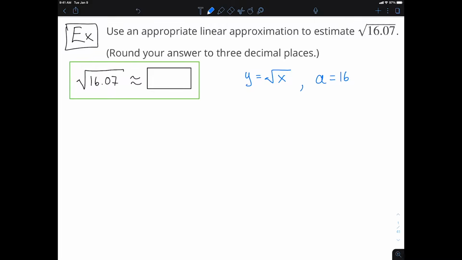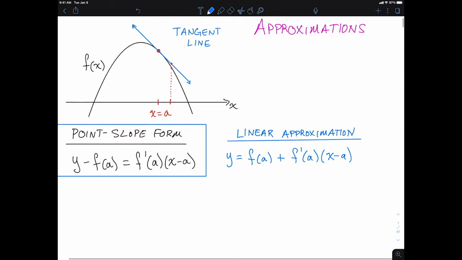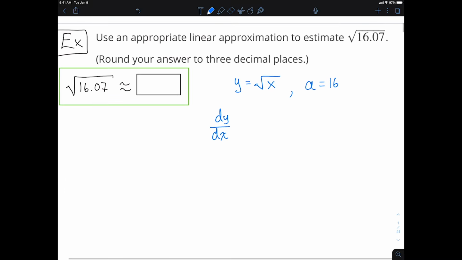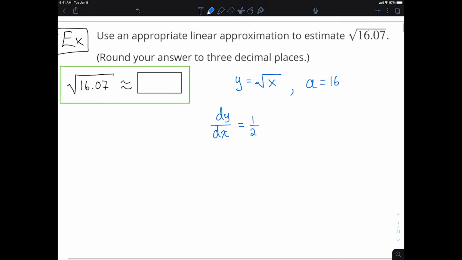All right, so all that we need to do is build a tangent line and use that tangent line to help us find this estimated value for the square root of 16.07. So let's find the derivative so we can find the slope of our tangent line. So dy dx, we use our power rule. The power rule says to take the exponent down, so the square root's the 1/2 exponent, and subtract 1 from the exponent.